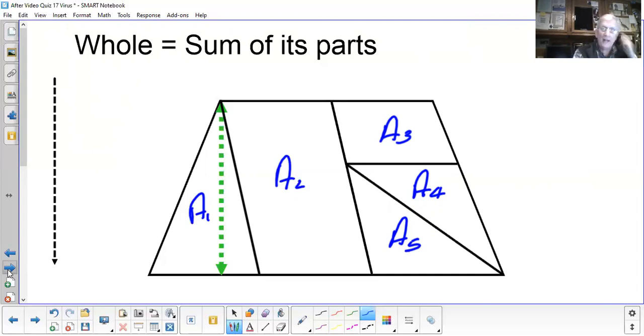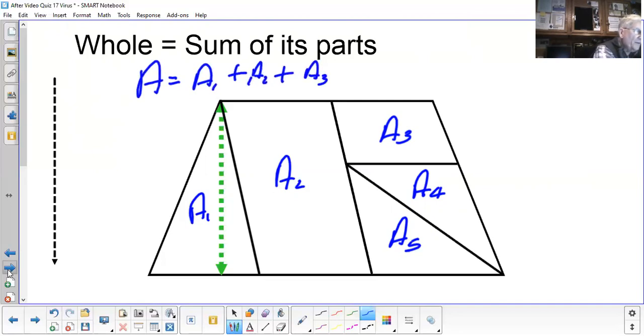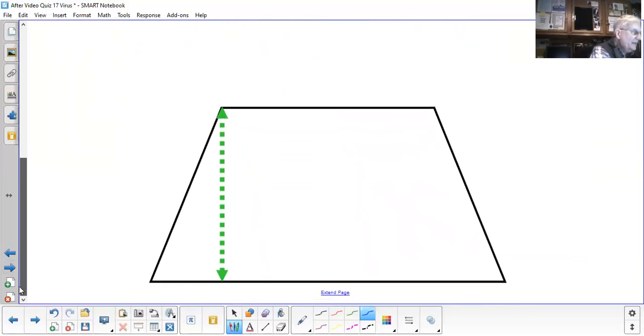So in other words, I could write a simple formula up here that the area of the big figure has got to be equal to the area of part 1, the area of part 2 of the figure, plus the area of the third part of the figure, plus the area of the fourth part of the figure, plus the area of the fifth part of the figure. And I want you to notice, if I go down here, here's the same trapezoid, okay?